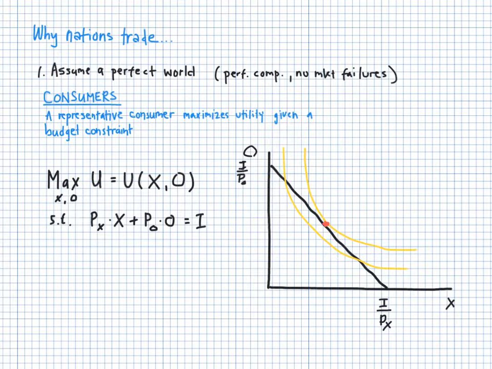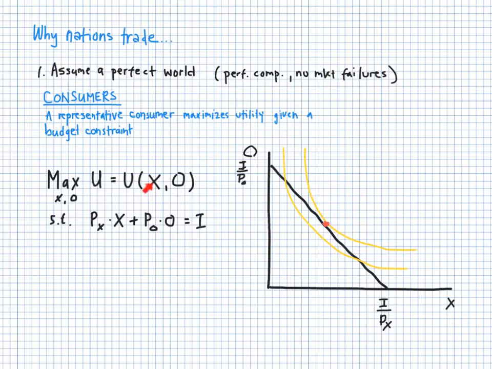So now, if we first look at the consumer side. When we think about consumers, there are many, many consumers, but they're all the same. So we can think of this representative consumer that maximizes utility given a budget constraint. If we're putting math behind it, this is the way we would be looking at it, right? So you maximize utility, and in this case, utility depends on the consumption of two goods.